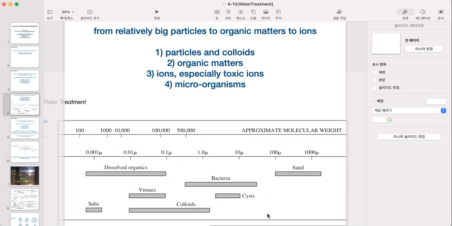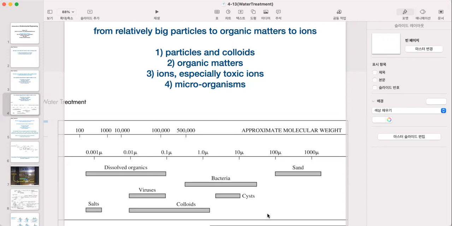Why not micrometer used to measure size of organic matter? Have you heard about it? Have you taken organic chemistry? So which unit have we been using to measure the size of organic chemical material? Dalton, right? Dalton unit.